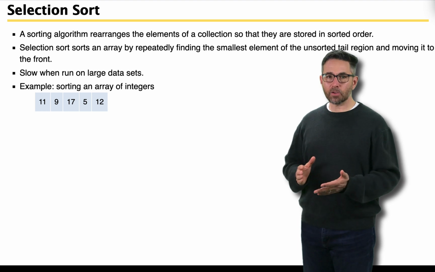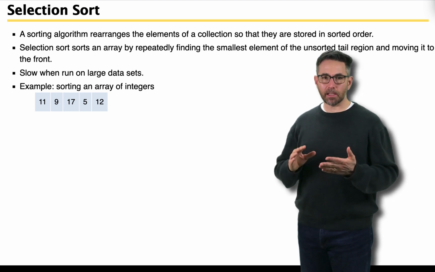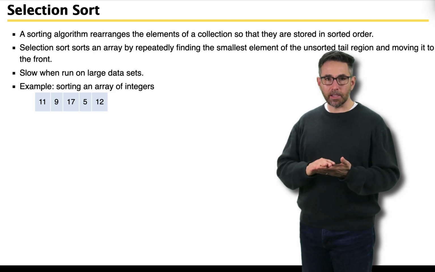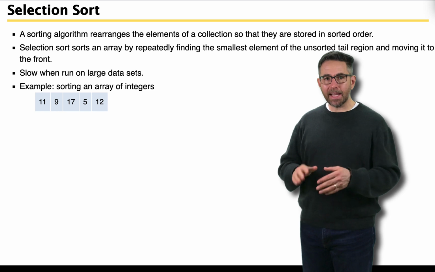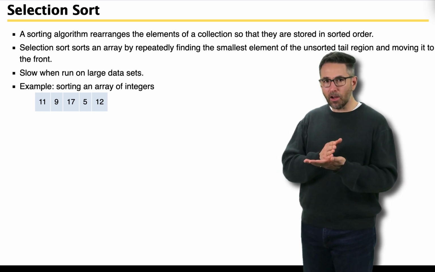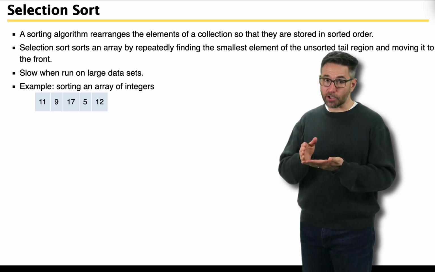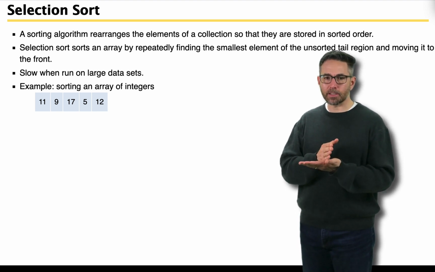The way selection sort works is it rearranges each of the elements in the collection so that they're sorted. Not surprisingly, it's a sorting algorithm. And the mechanism by which it does that is it goes through looking at the tail of the current array that you're trying to sort, where the tail starts with the whole array and then gets smaller and smaller.